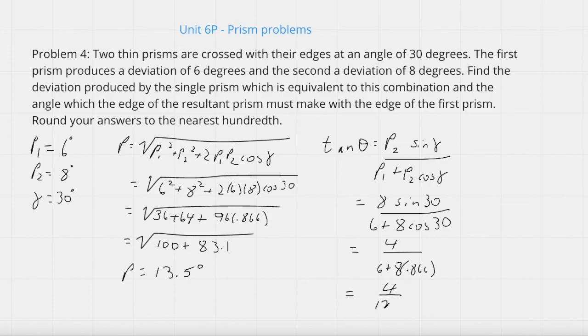And we find that the tangent of theta equals 0.3094, and theta equals 17.19 degrees.